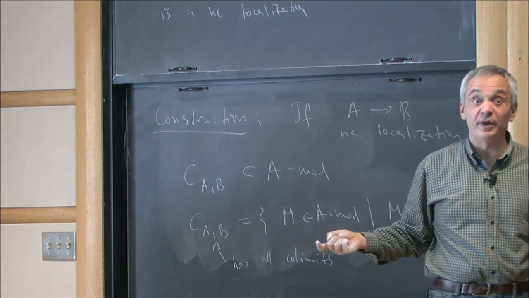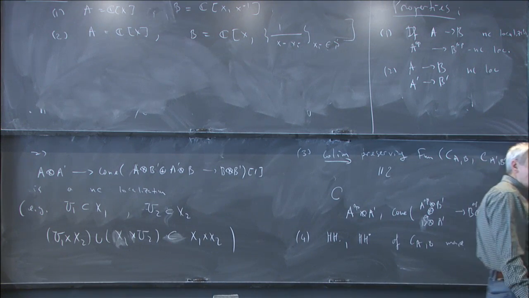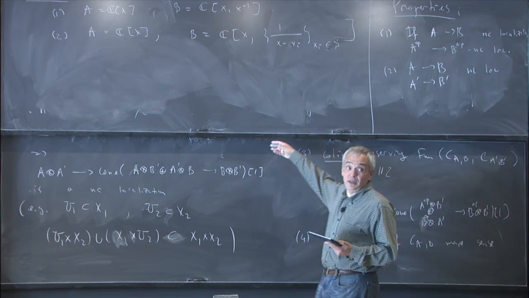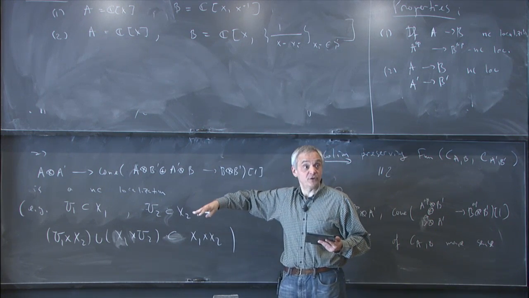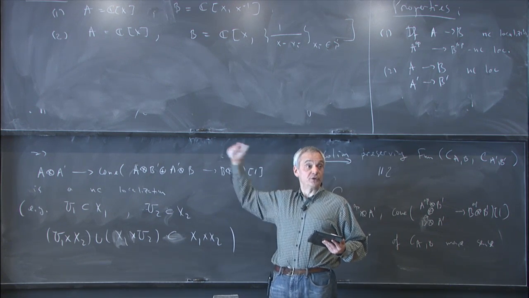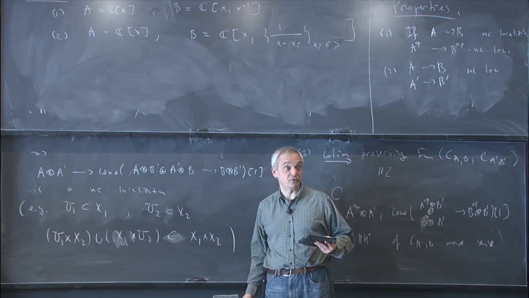But in general, it wouldn't make sense as a category. So if you started with A and B, and you deform the non-commutative localization morphism, then this Hochschild cohomology will compute the deformations of CAB coming from the non-commutative localization.